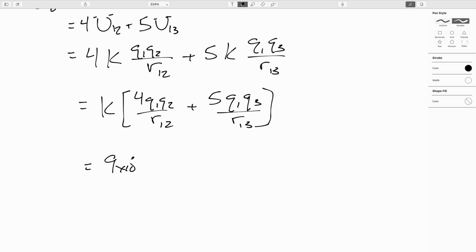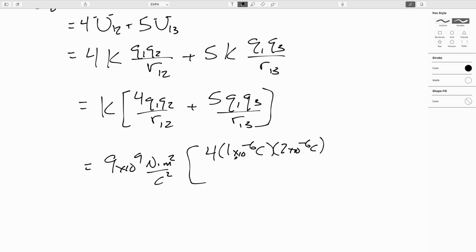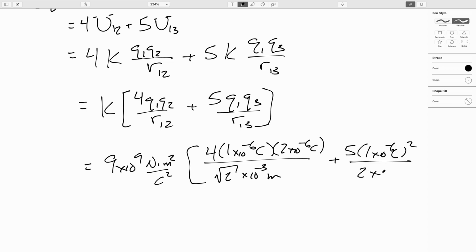So this will be 9 times 10 to the 9 Newton meters squared per Coulomb squared, times 4 times, this was 1 microcoulomb, so 1 times 10 to the minus 6 coulombs, 2 times 10 to the minus 6 coulombs over the square root of 2 millimeters, so it'll be root 2 times 10 to the minus 3 meters, plus 5 times 1 times 10 to the minus 6 coulombs times the same thing again, squared, over 2 times 10 to the minus 3 meters.